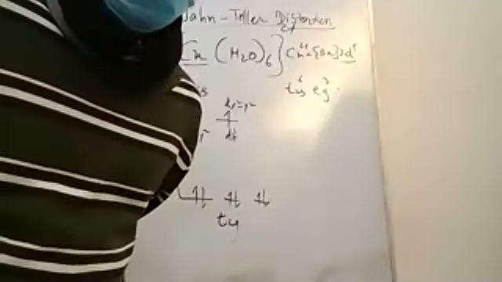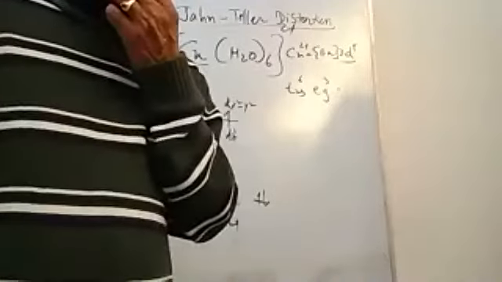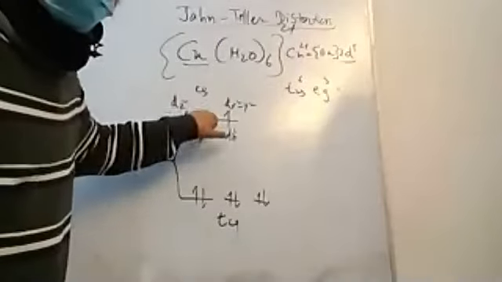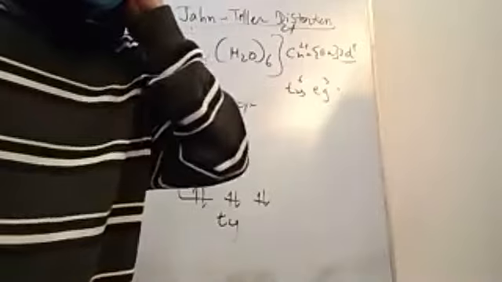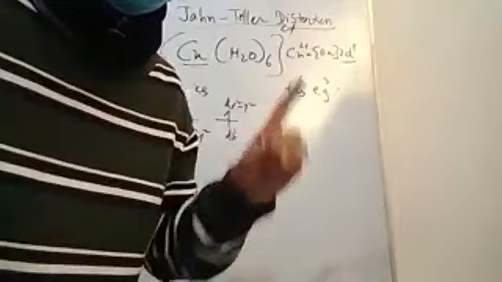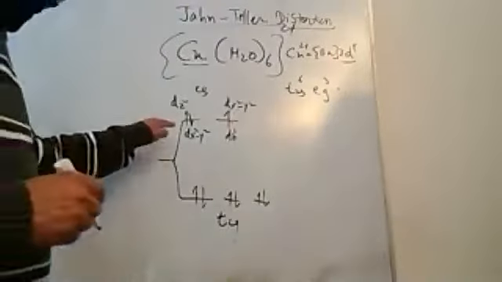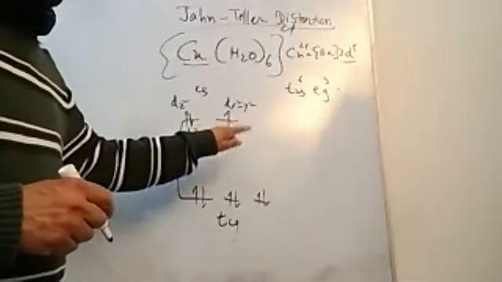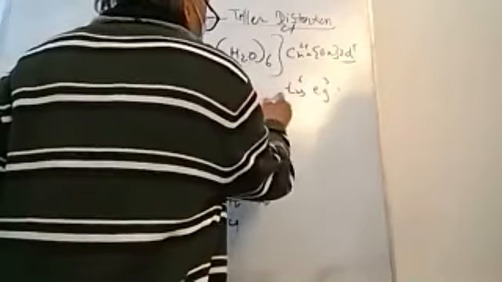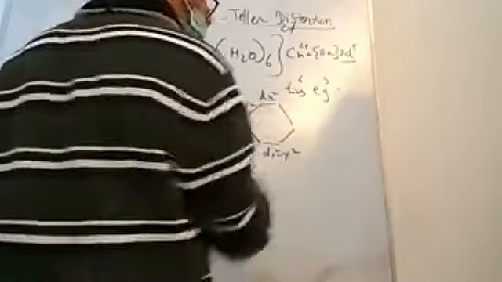What Jahn-Teller said was, if the electronic configuration of a nonlinear molecule is degenerate, meaning you have a choice of putting the electrons in the orbitals, the system will distort to remove the degeneracy. In other words, whenever you have a choice of having two electrons in one orbital and one in the other, nature will not give you the choice and splits the orbitals in a way that one will be lower in energy and one will be higher in energy.